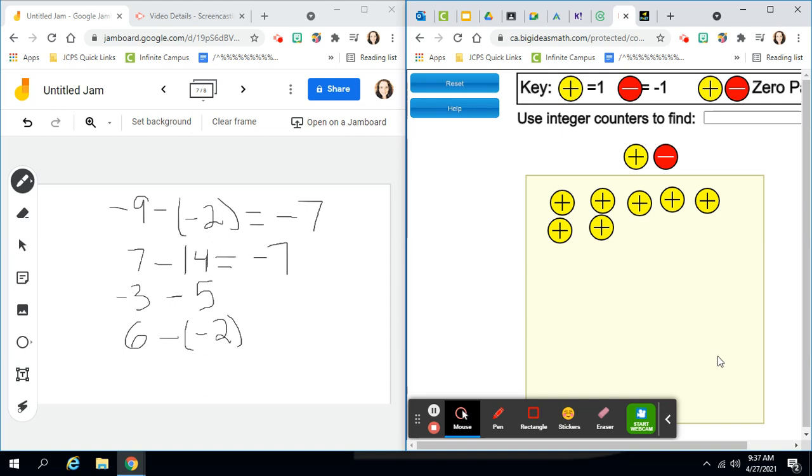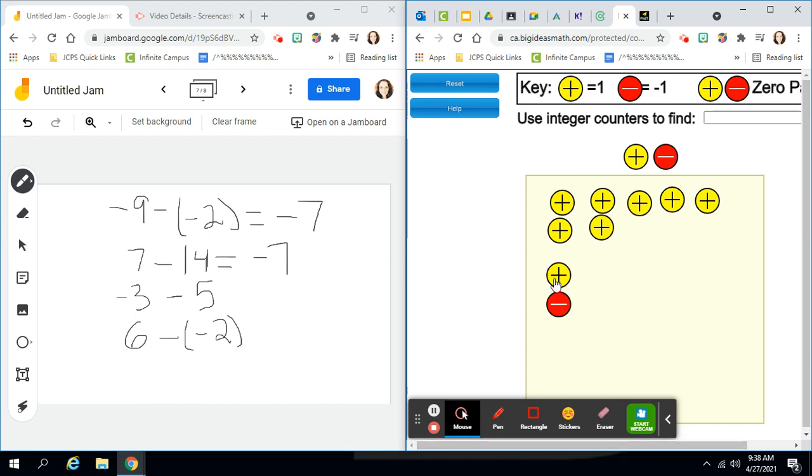And here's what I want you to consider. We need to have at least 14 positives. So what if I did this? Am I still starting with that value of 7 here? Is that still happening? Yes.